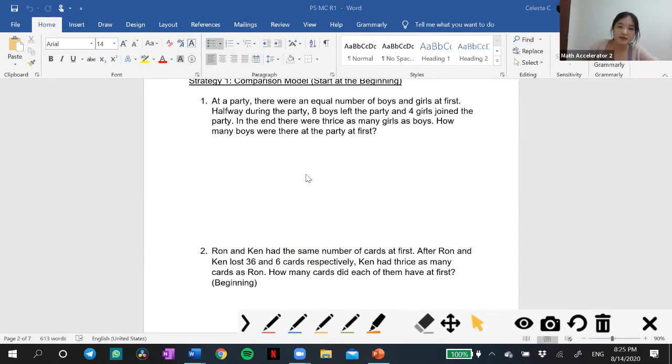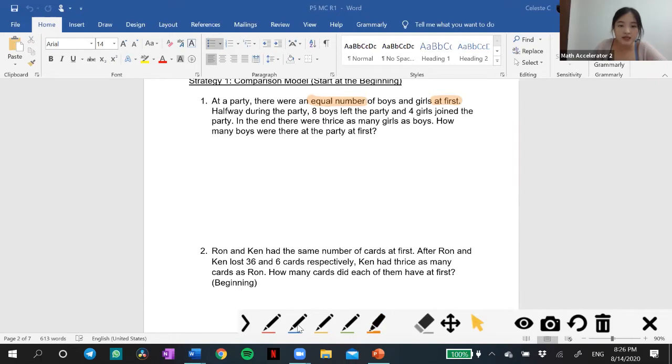So at a party, there are equal number of boys and girls at first. Right, so with a highlighter or a pen, could you underline equal number? And halfway during the party, 8 boys left and 4 girls joined the party.